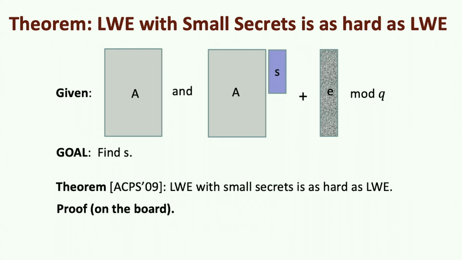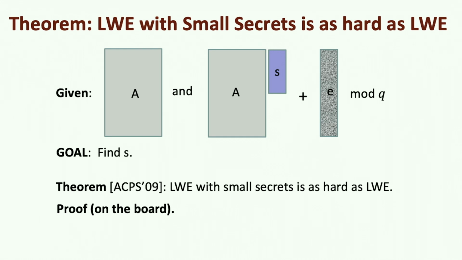Now I use the fact that the secret S is actually a linear function of the error E1. What is the linear function? It's A1 inverse times B1 minus E1. I don't know either of these two things, S or E1, but I can write this equation.